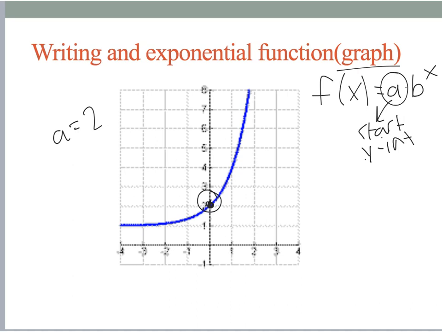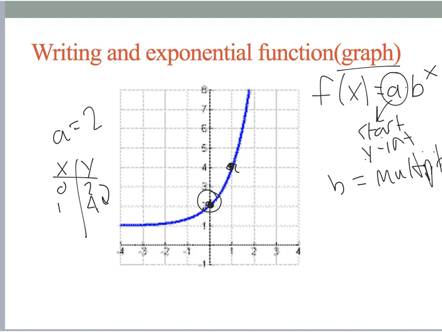Now, how we're going to do this is very similar to how we did it with a table 2 problems ago. If this is x and y, one of my points is 0, 2, which is the point I already have. But if you look at the next point, 1, 4. All I need to figure out is what am I multiplying by, because b, again, is the multiplier. I just need to know what am I multiplying by to get to 4.